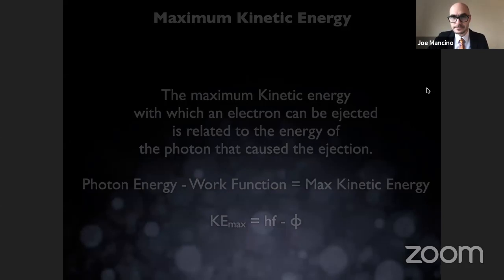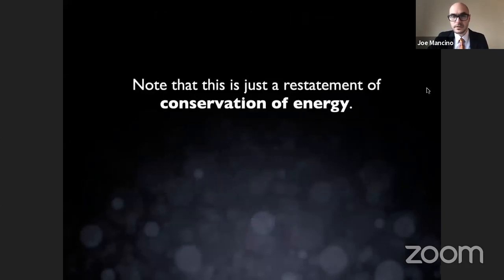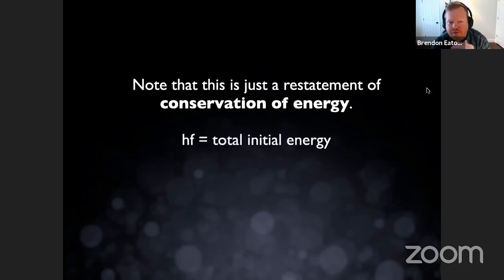So Mr. Eaton, you were saying that this is a lot like the conservation of energy. Talk us through that. Absolutely. So the incoming photon has a certain amount of energy as described by one of the previous equations that we just talked about, which is hf.